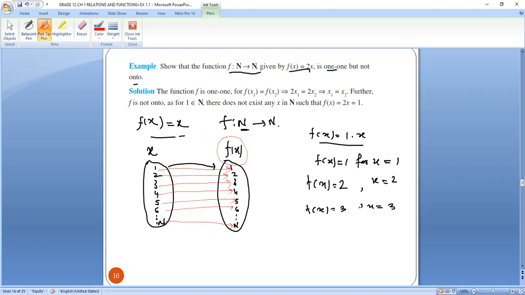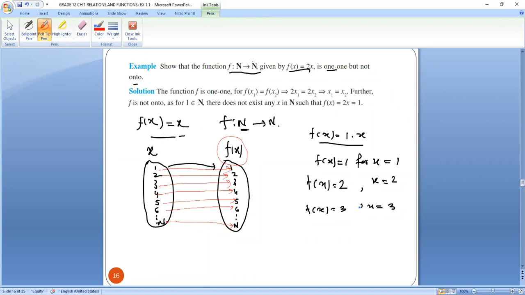Every image f(x) is there in x. So this function, a mapping from N natural numbers to N natural numbers given by f(x) = x, is one-one and onto, right? This function is both one-one and onto.